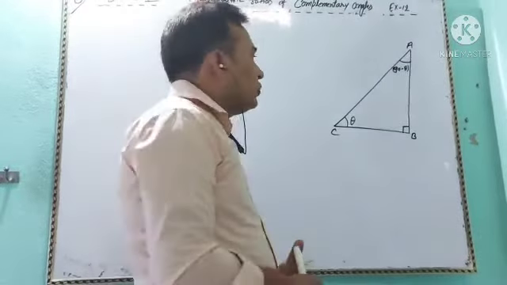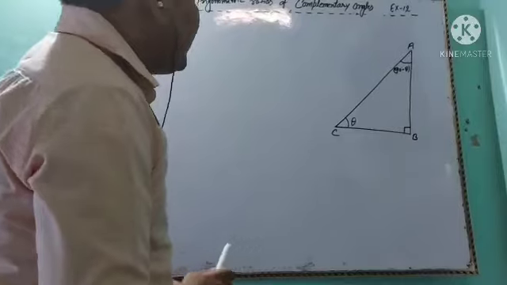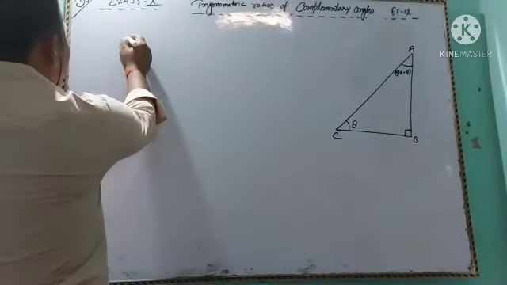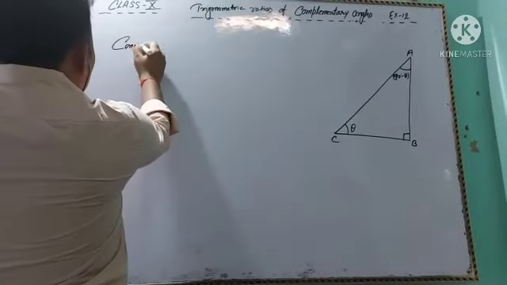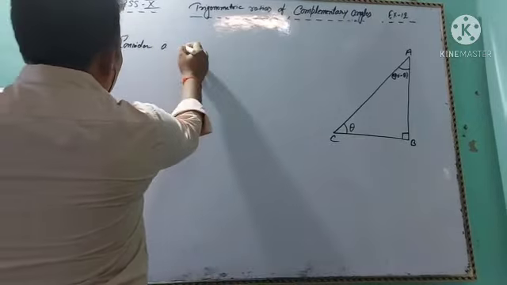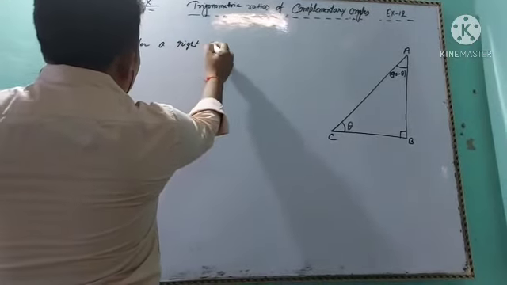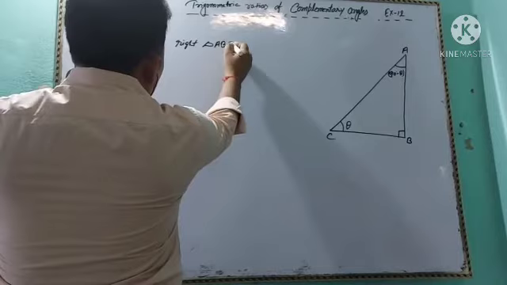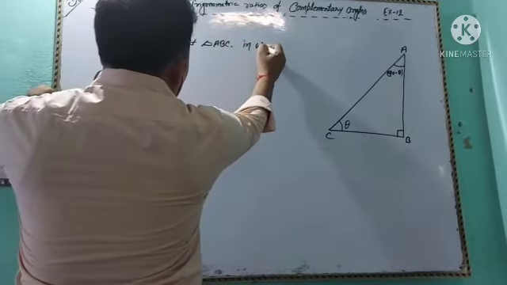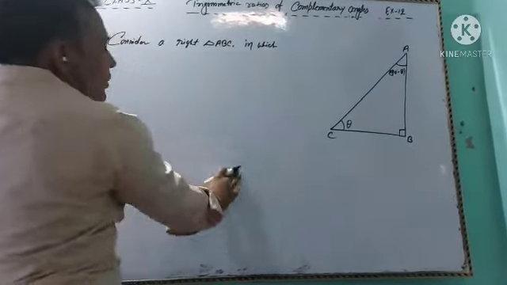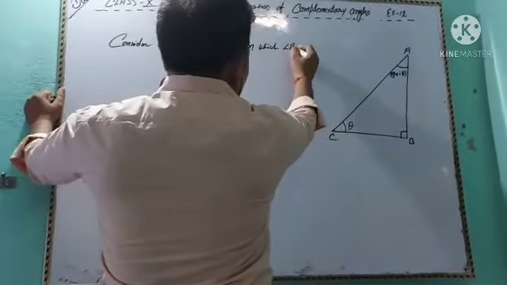Okay, so consider a right angle triangle ABC in which angle B is equal to 90 degrees.